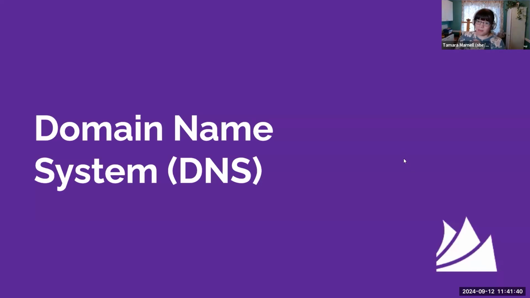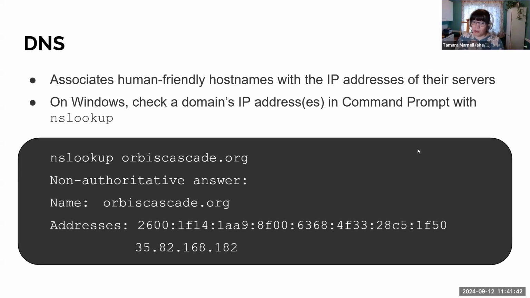Domain name system, or the way that we avoid talking about IP addresses outside of when we have to configure something. The domain name system associates human-friendly host names with IP addresses of their servers. On Windows, you can look this up. You can open the command prompt, which you can find just by searching your operating system for command prompt or CMD.